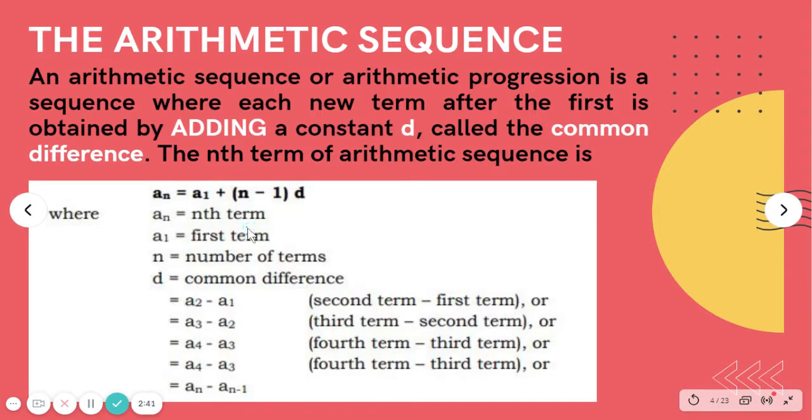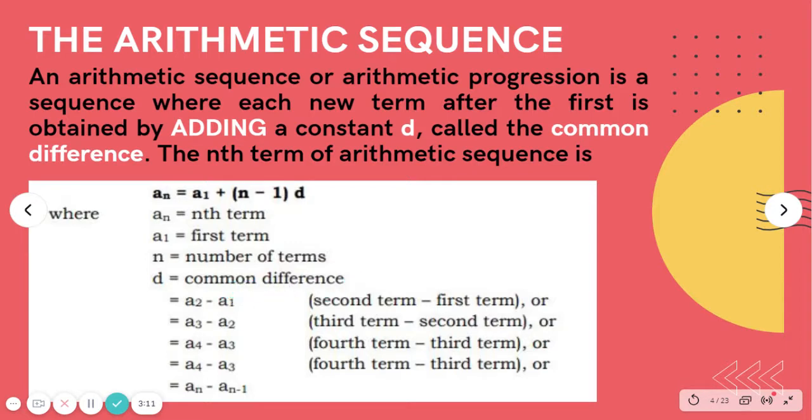So yan yung usually hinahanap natin sa mga solving natin under arithmetic sequence. A sub 1 is the first term. N is the number of terms, or yung total number of terms in a sequence, and d is the common difference. Common difference, ito yung ina-add natin after the first term.